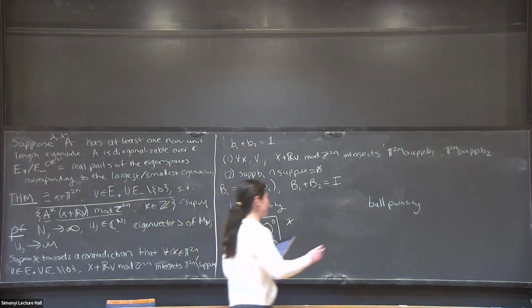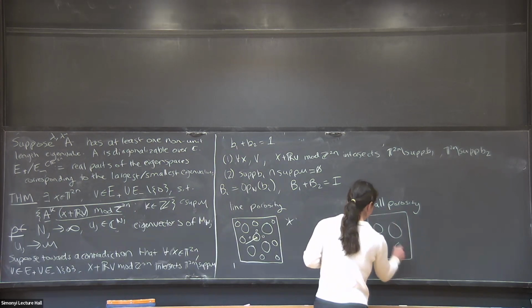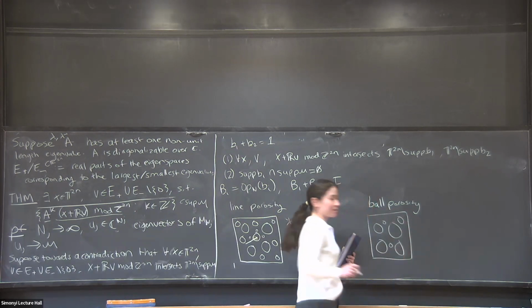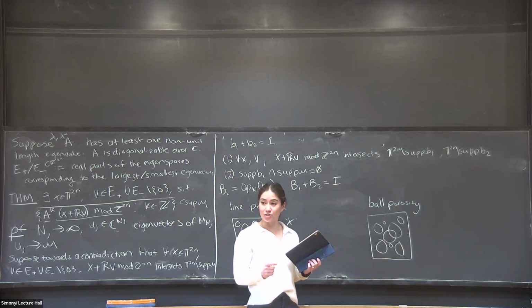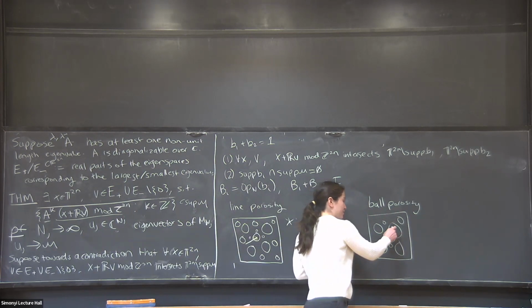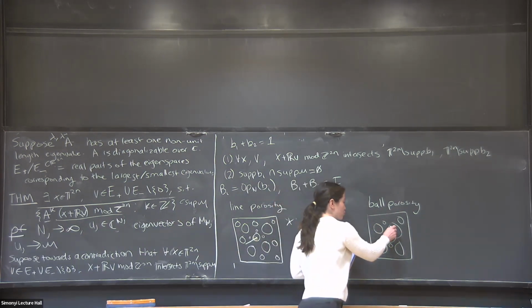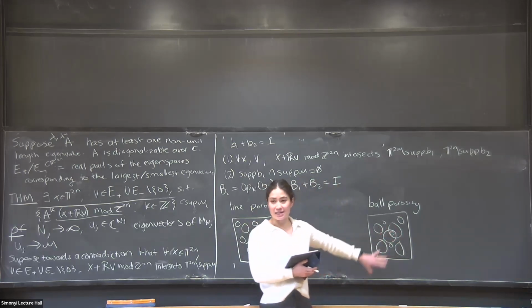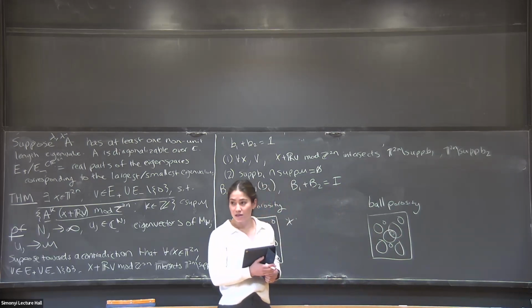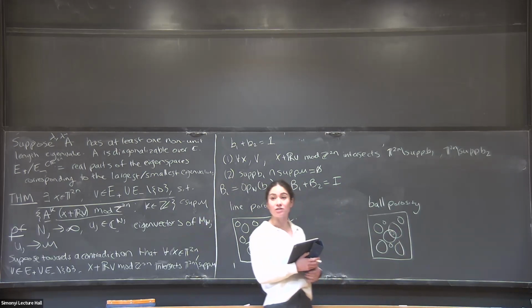The concept of ball porosity is similar. But instead, I want to take a ball that's not too big and not too small. There always exists some point inside my ball such that if I draw another ball centered at that point, it's not going to be contained within my set, and the size of this ball is proportional to the size of the original ball.